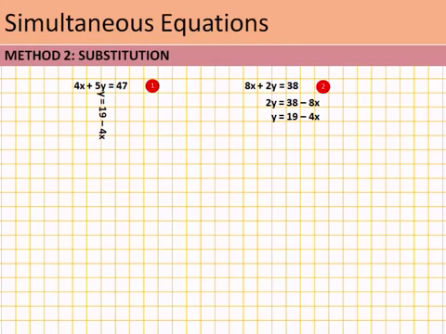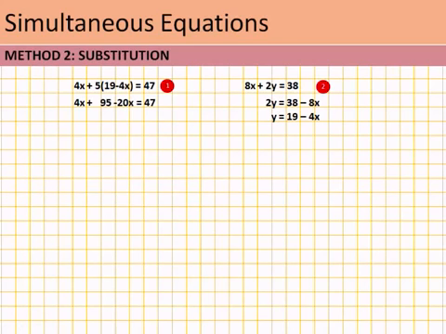So instead of y there, I'm going to write 19 minus 4x. Sorry, 4x plus 5 times (19 minus 4x) equals 47, because y is 19 minus 4x.